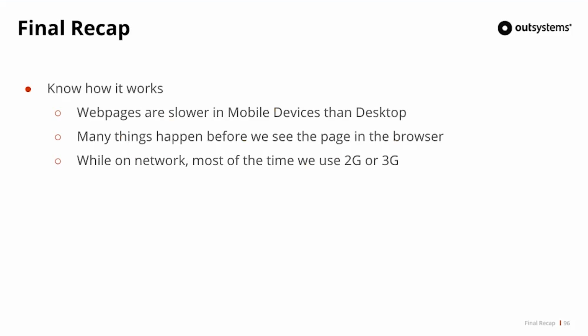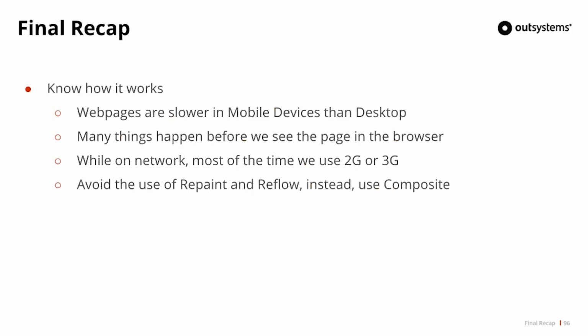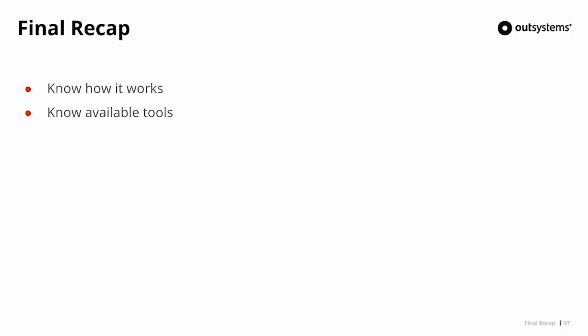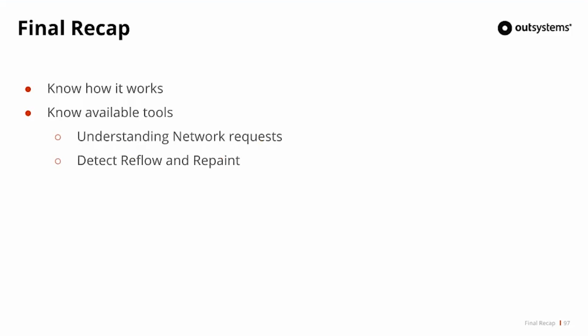On the network, most of the time we are using 2G or 3G, and avoid repaint and reflow. Instead, stick to composite. We looked into the dev tools and the available tools, understanding the network requests, detecting reflow and repaint, and how to debug remotely.